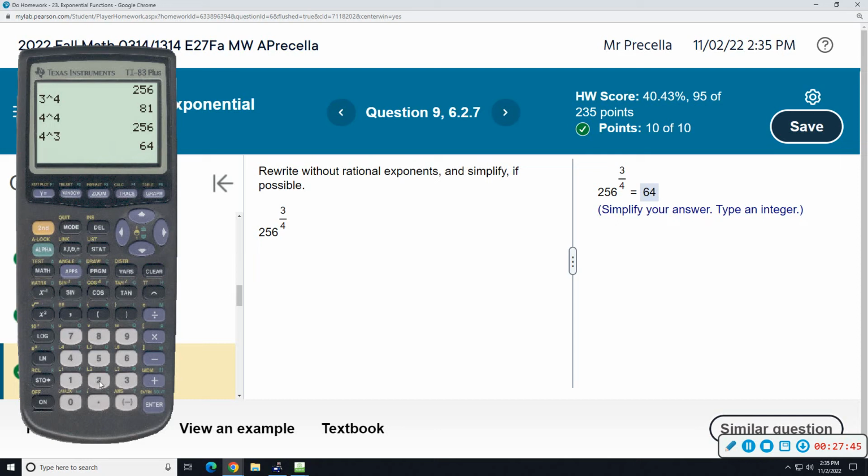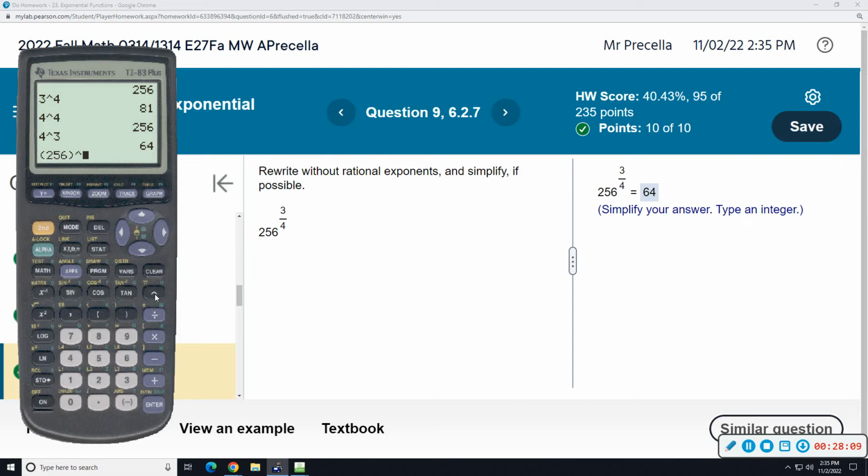We want 256. To make sure your calculator is doing what you want it to do, I would enclose the base, 256, in parentheses. That's the number being raised to the power. Then raised to, my exponent key is this upside down V here, called a caret.